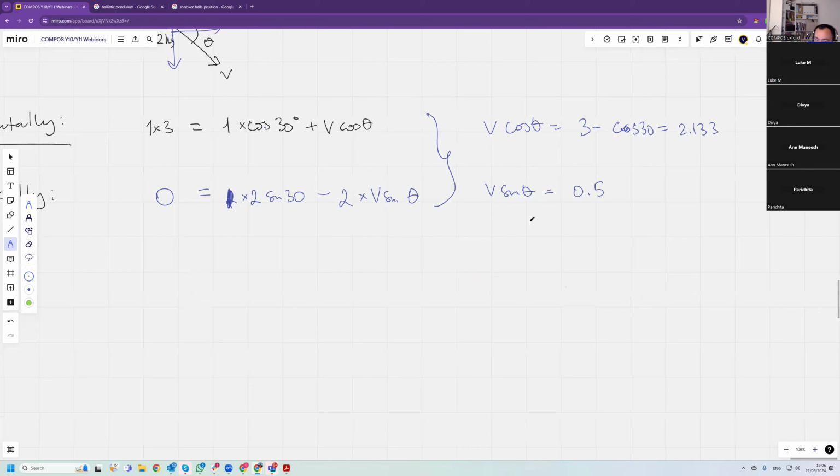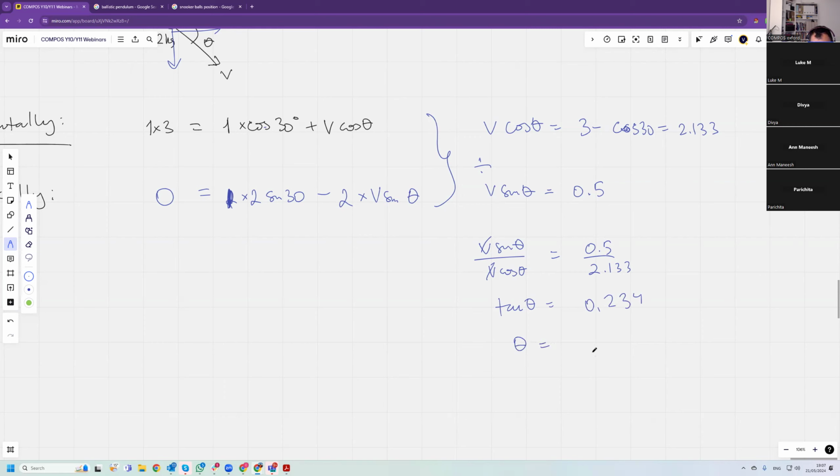Now you can divide them together. So if you divide the two, v sine theta divided by v cos theta, v cancels, and that's equal to 0.5 divided by 2.133. So tan theta is equal to 0.234.